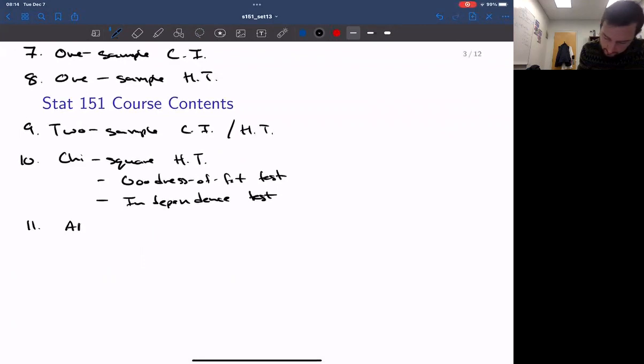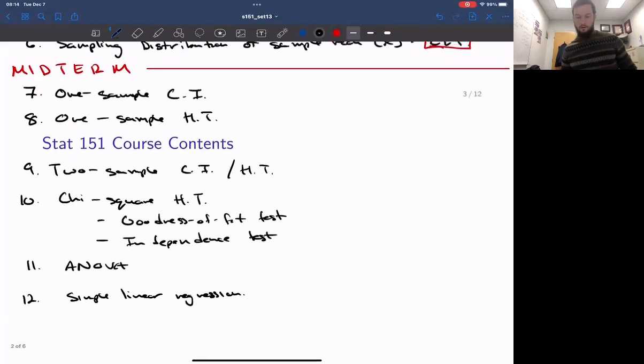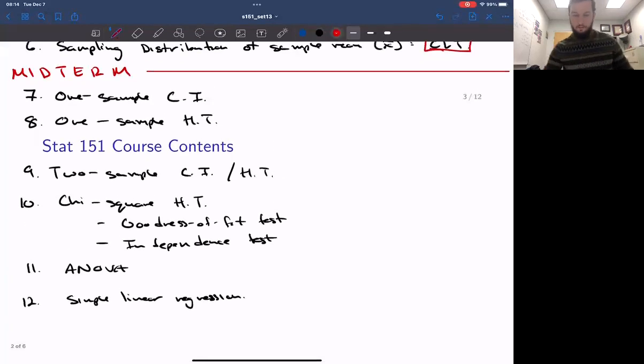Then we did the ANOVA. And then we finished off with simple linear regression. Okay, so the final is going to be focused on these parts here.